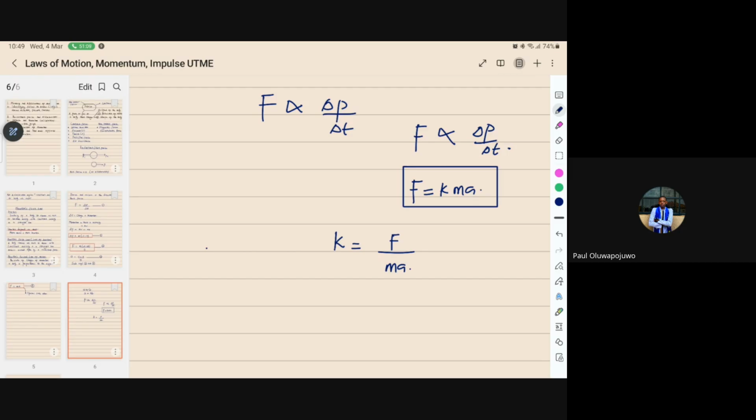So when the mass is 1 and the acceleration is 1, it means that my force is equal to 1. So you are using a unit of 1 to get the value of K. Because of that, we make use of a constant of 1. We say that our K is 1, which gives birth to your 1 Newton. 1 Newton is equal to 1 kg meter per second squared.